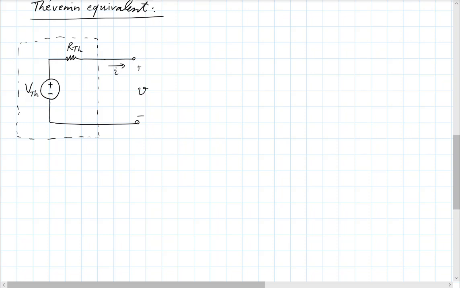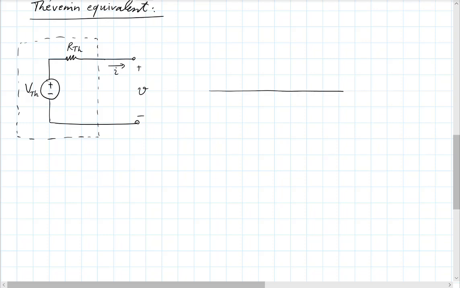If you define the current the other way, of course you have to reflect that on your current voltage characteristics. But the reason it's common to define it like this is that if you're looking at the effect of this circuit on something that you connect to it, you will immediately see that this source is trying to send a current in the direction that I've shown. So from a practical standpoint, it's useful to choose this direction for the current.